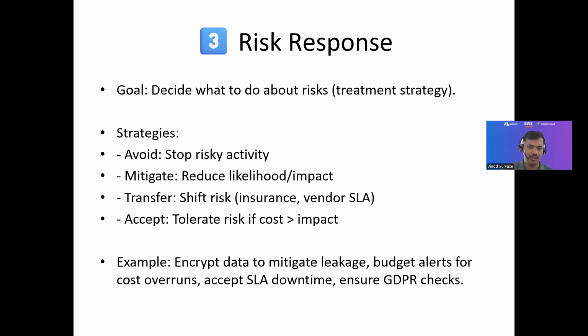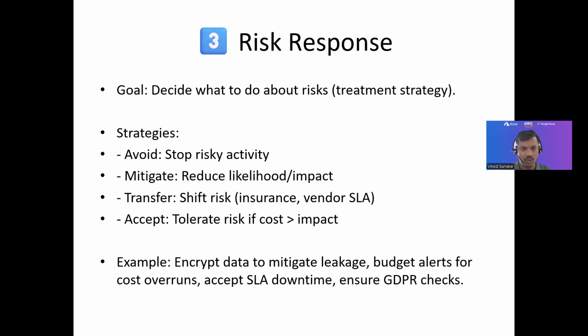So if you are avoiding, you would stop risky activities; mitigate, reduce likelihood or impact; then transfer, right? So you would shift that risk to insurance or vendor SLAs or some other situations as well. So you are not going to be bothered internally, and that is going to be transferred to the other, be it an internal or external organization.